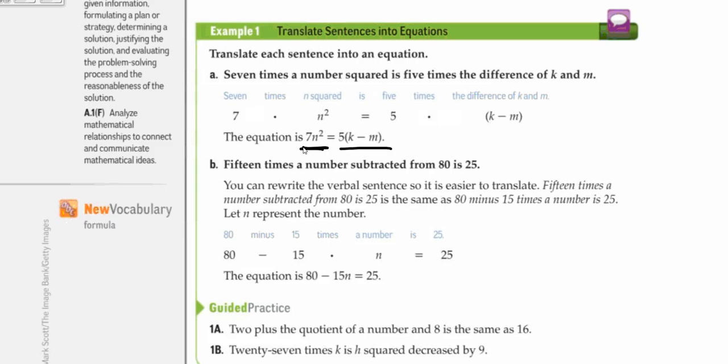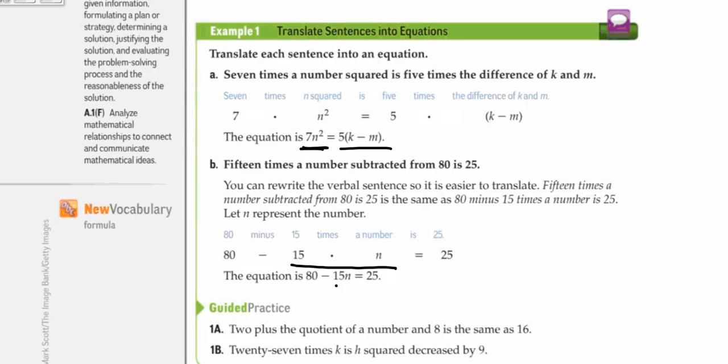For B, you've got 15 times the number subtracted from 80 is 25. So here you see 15 times a number, and I'll underline that here. There's your 15 being multiplied by n, with a dot symbol for multiplication.